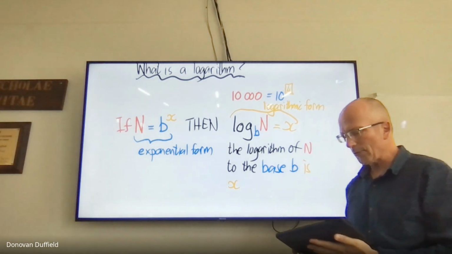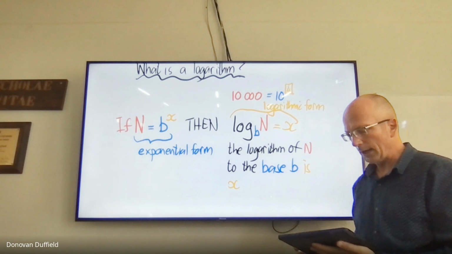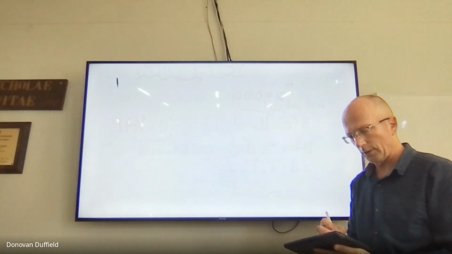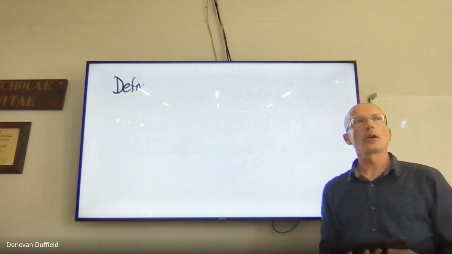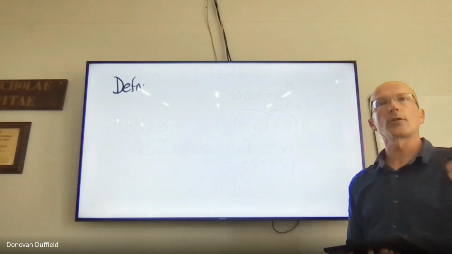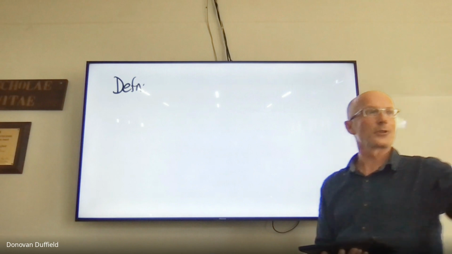All right, so let me rewrite this. I would like to write the definition as follows. Right? Less haste, more speed. The more we spend on logarithms, the easier the calculations are going to be.